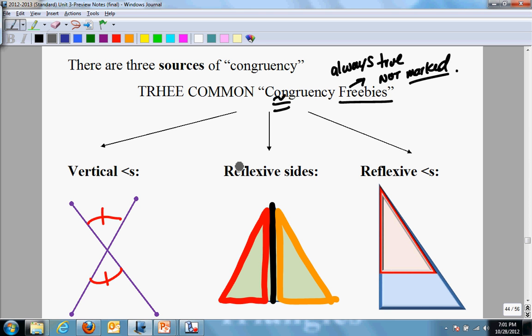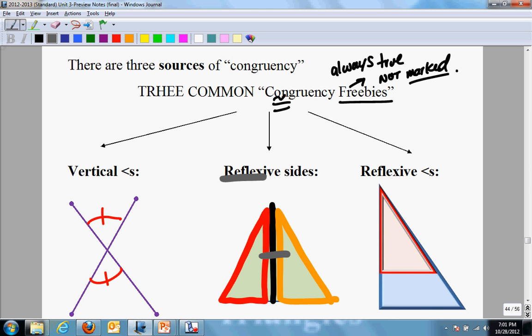That's called a reflexive side. That's congruent to both triangles, so you would literally mark it with a hatch mark between them. That means this side is common to both, it's congruent to both. That's called a reflexive side. You see the word reflexive because it looks like the red is reflected over to the orange anyways.